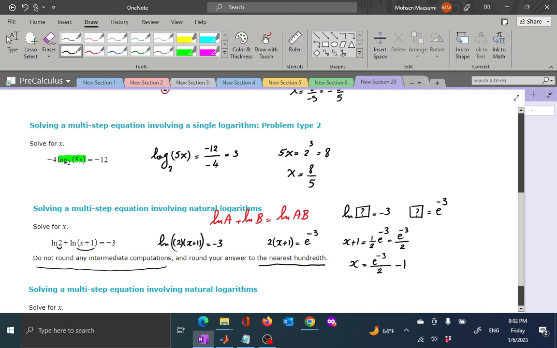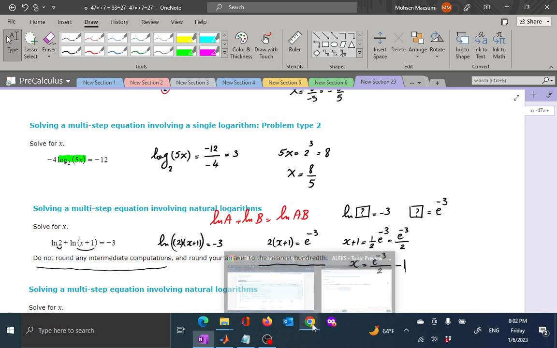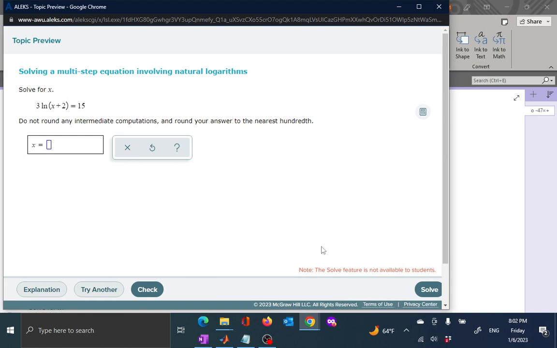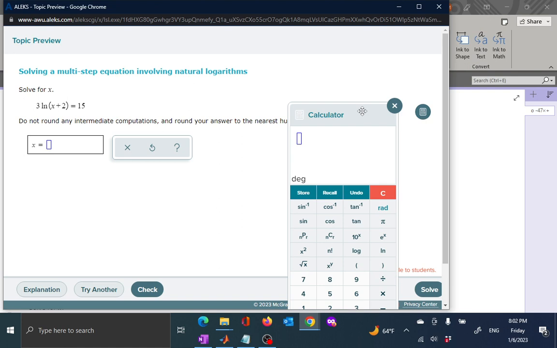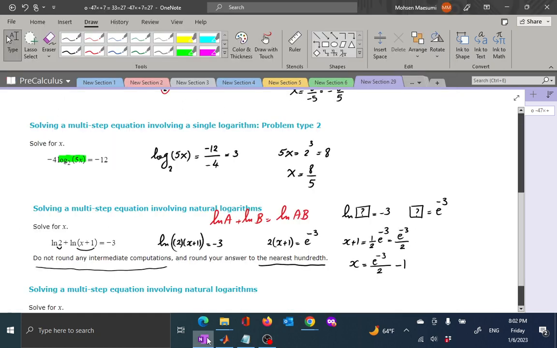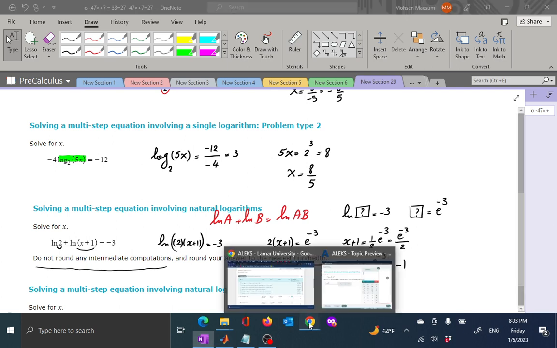Now let's emphasize again that in these types of problems, how we enter this on a calculator becomes an issue. That's a different problem, but I just want to use a calculator. So here's my calculator. It was the exponential of minus 3 over 2, and then minus 1.